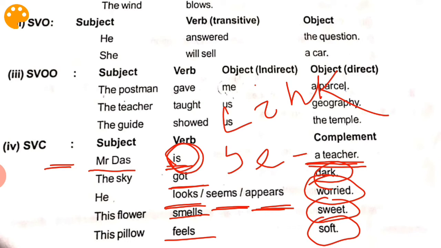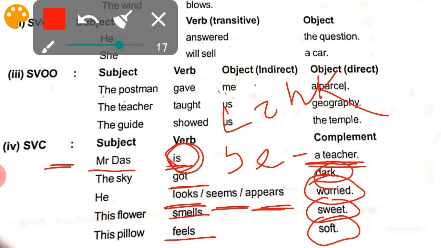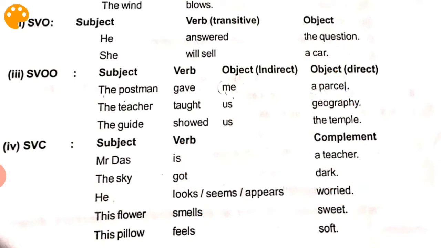Okay, there is another way to identify the SVC pattern also. If we omit the complement in a sentence, especially in the SVC pattern, the sentence remains incomplete. Mr. Das is, if we omit a teacher here, the sentence remains incomplete.